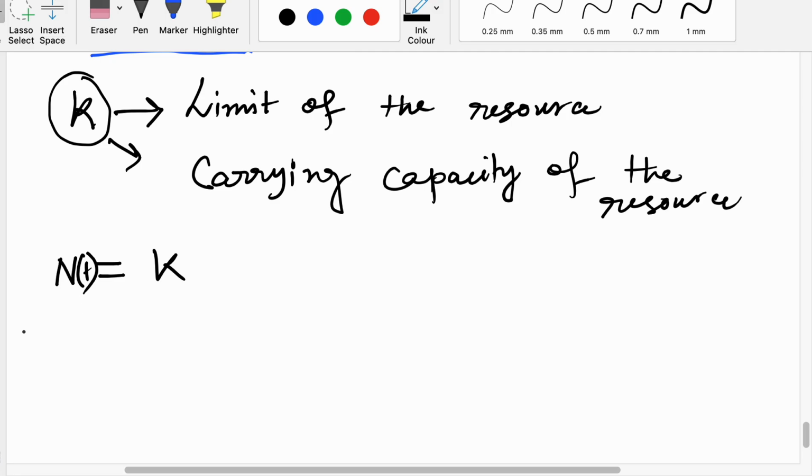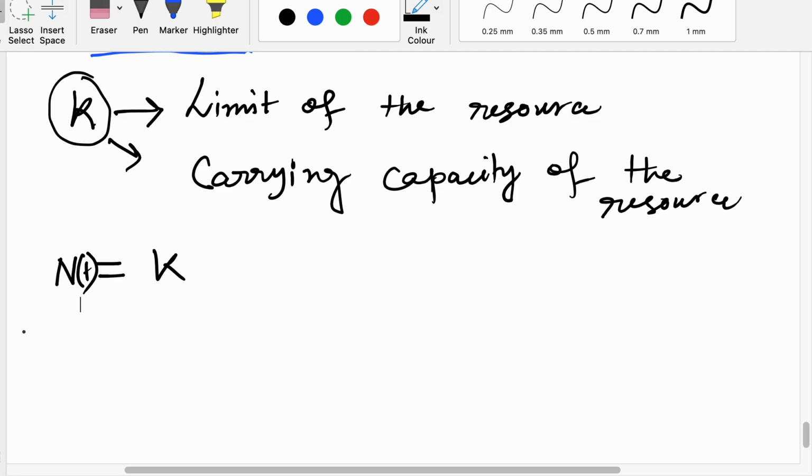Now if some new individuals are born into that population, those individuals also need the resource. Since the resource cannot go further, if we want to allocate some amount of resource towards the new individuals, we have to stop the older individuals from using it.